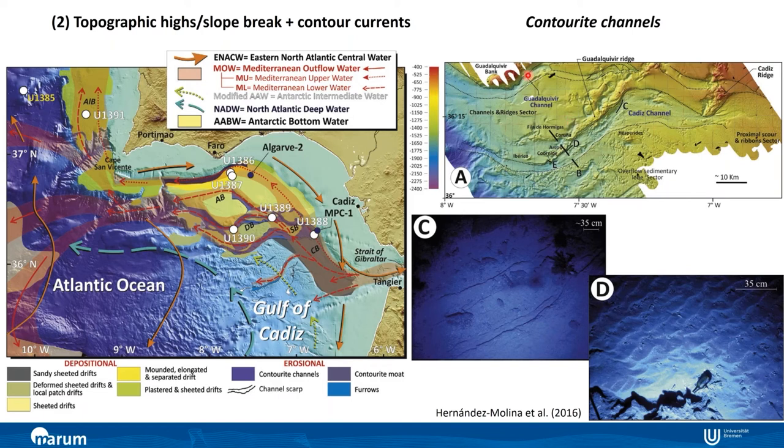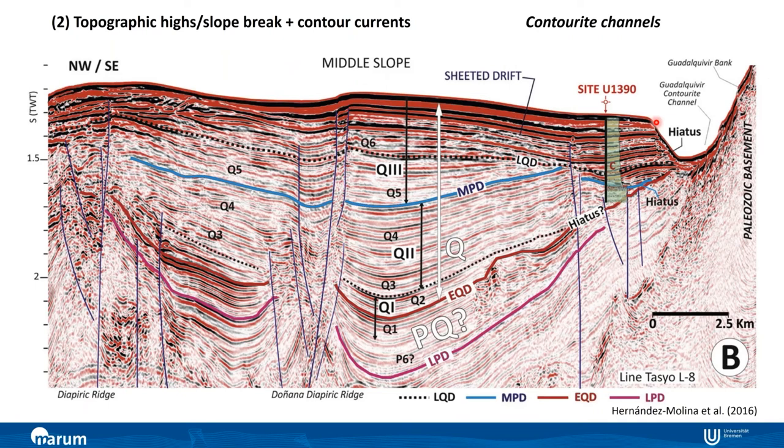In these channels, usually we can find erosional surfaces and also very coarse material in the channel floor, so very erosive environments. When we have a look at the profile of the Guadalquivir channel, we can see the topographic high, where, because of the change in the slope, there is an acceleration of the current, an increase of the velocity along these flanks.